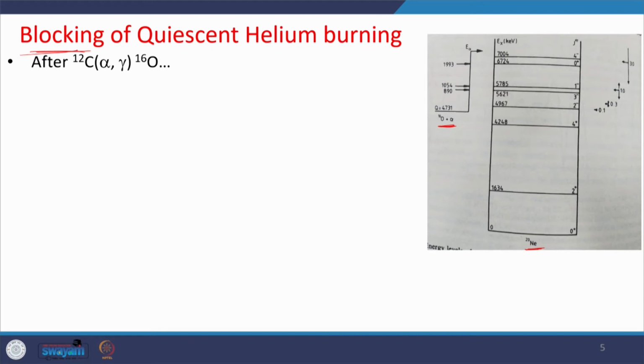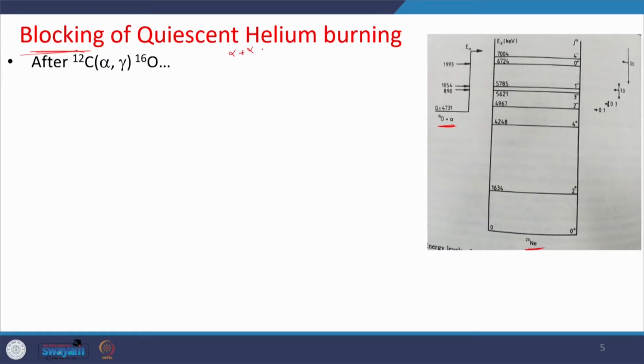Ideally, we expect in helium burning alpha plus alpha giving rise to beryllium, and alpha plus beryllium, as we discussed, gives rise to carbon 12, isn't it? And alpha plus carbon 12 gives rise to oxygen 16, and alpha plus oxygen 16 gives rise to neon 20. So, like this we expect, right, but things are not so easy.